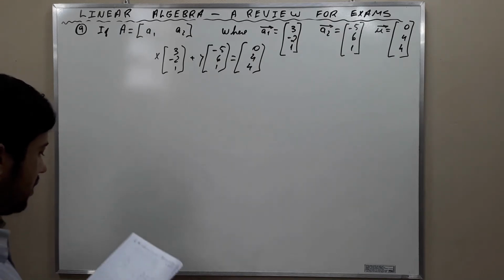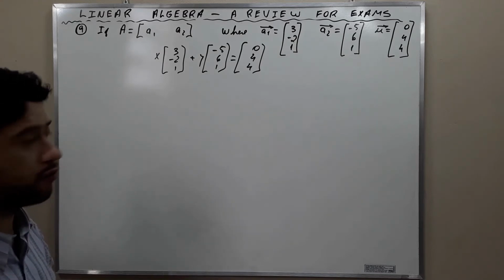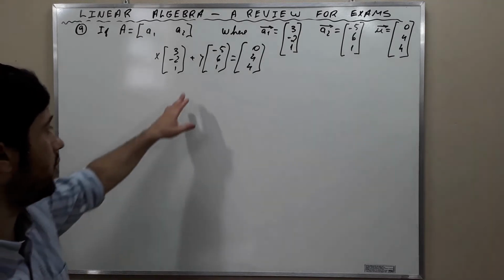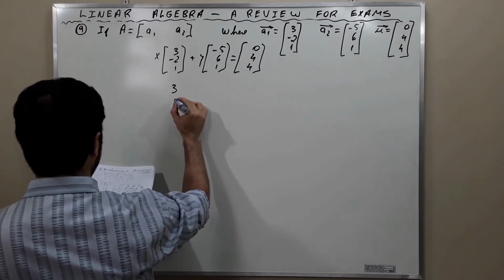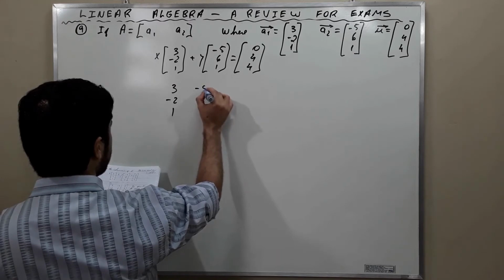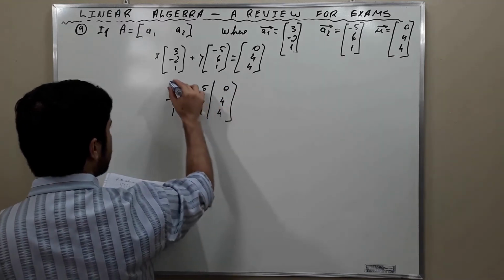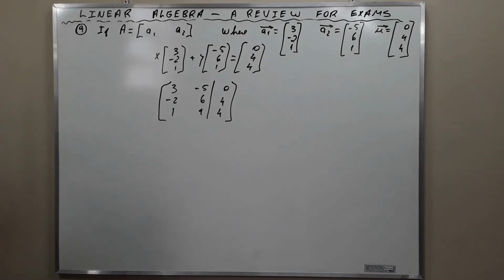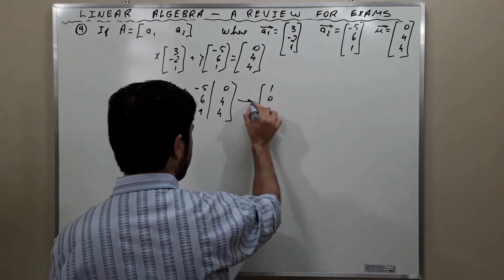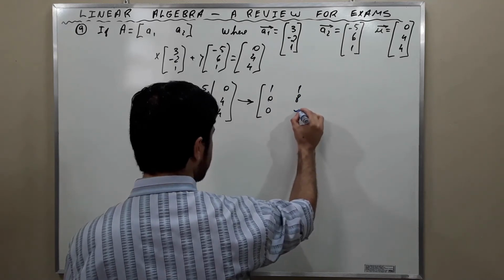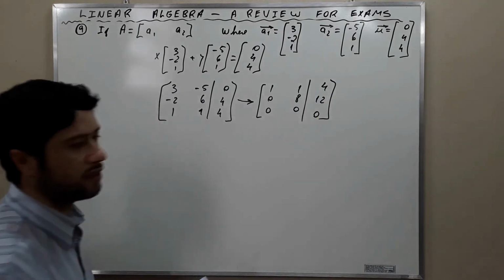Okay, and let's use the augmented matrix to determine whether this is possible, if this system is consistent. If there is indeed this solution, we are going to operate on the rows of the augmented matrix. And by operating on the rows of the augmented matrix, we find this.